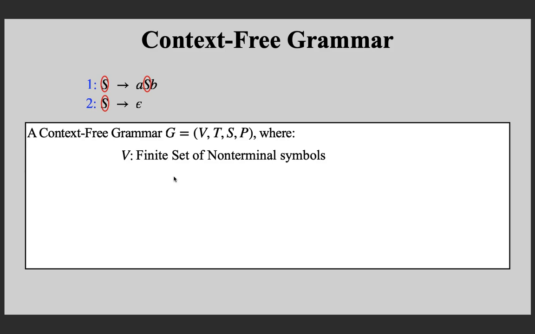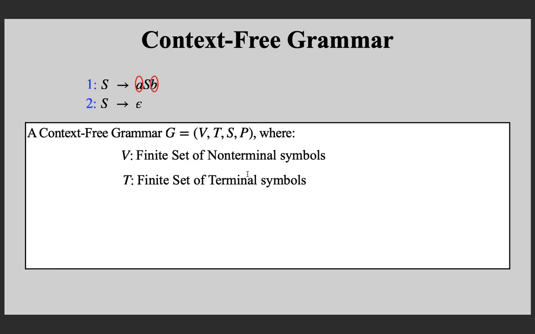In our course, we will only use capital letters to represent variables, finite. Then the set of terminal symbols, capital T, again a finite set, in this case small a and small b. When compared to automata, this is the alphabet set. Here it is called the terminals, a finite set.